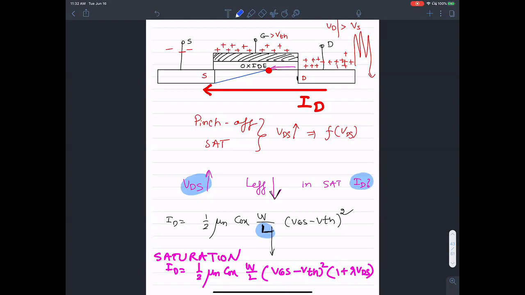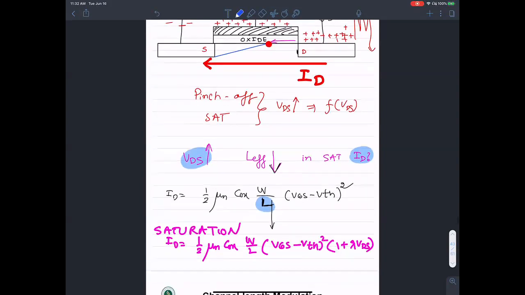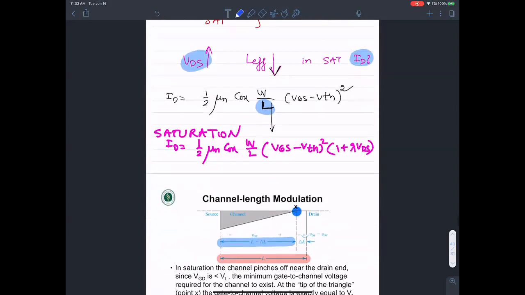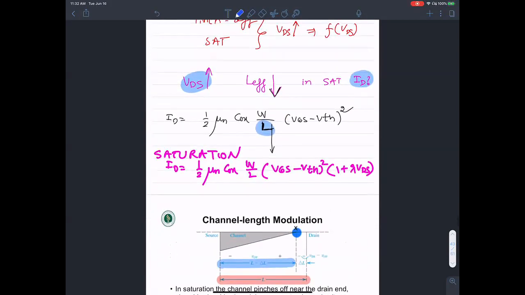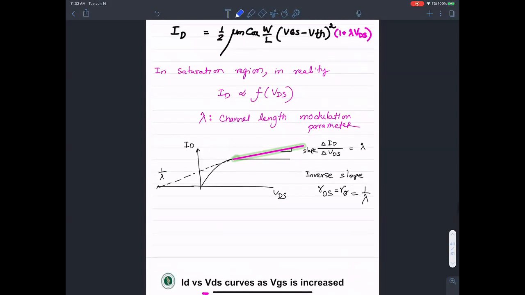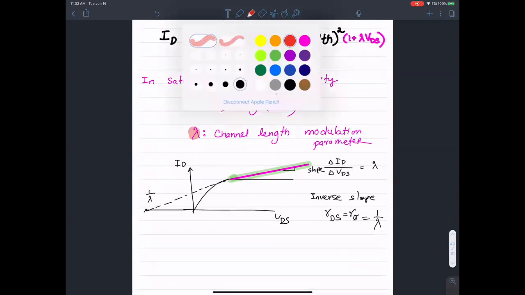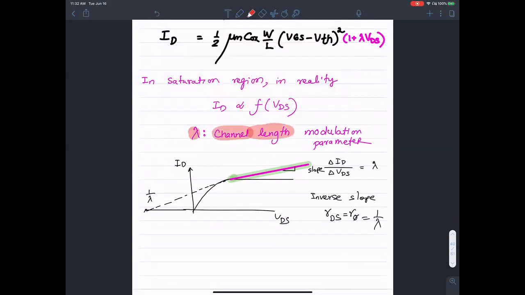VTH is the threshold voltage. Good point, if I forgot to define mu n as the mobility, sorry about that. And lambda is the channel length modulation parameter. Somewhere in here, I must have mentioned that lambda is the channel length modulation parameter. Good question. Other questions, please.